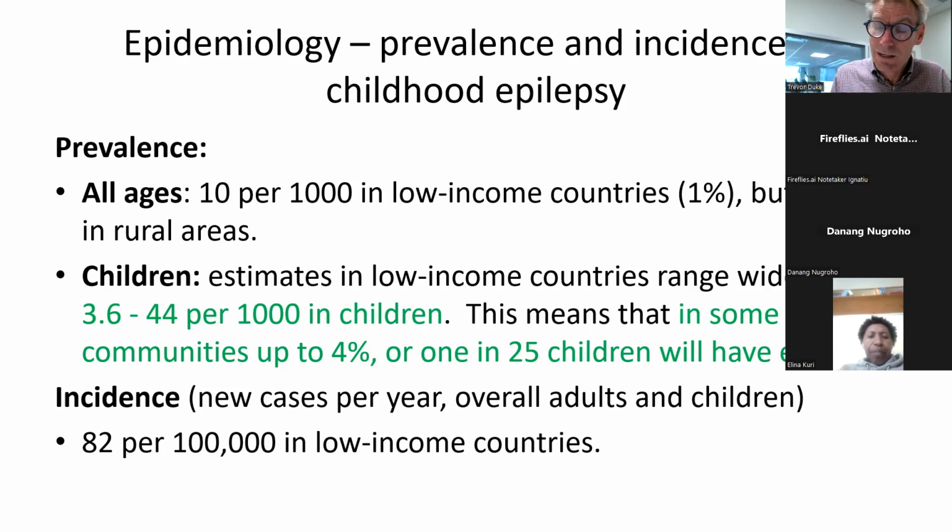Somewhere between 1 and 4%, I would say, of all children in low-income countries, particularly in rural areas, will have epilepsy. The incidence is a little bit different, the number of new cases per year, and there's not much data on children alone, but it's said to be 82 per 100,000 in low-income countries. I think it's more important to think about the prevalence of epilepsy and how common it is, and so to know that it's around 1 to 4% in children in low-income countries.